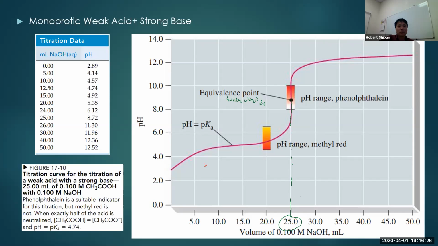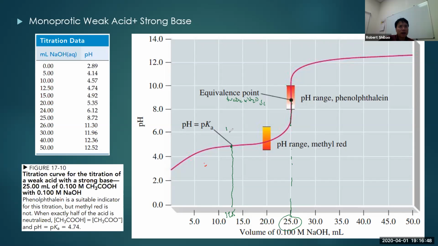And so we call this the equivalence point here. I've added 25, I've neutralized all my acid. Well, what if I only add half the required amount? So I'm at 12 and a half. If I only add half the amount, 12 and a half, then this is called the half equivalence point right here.